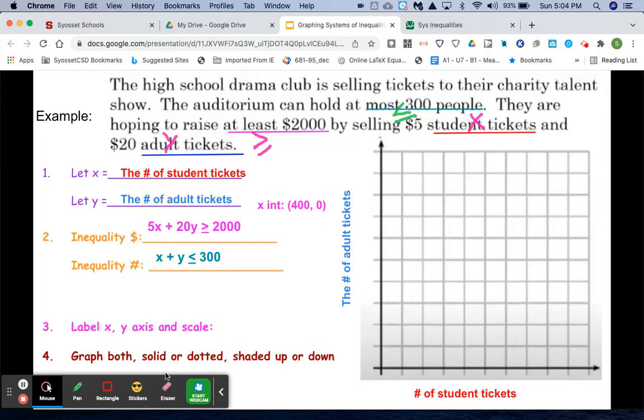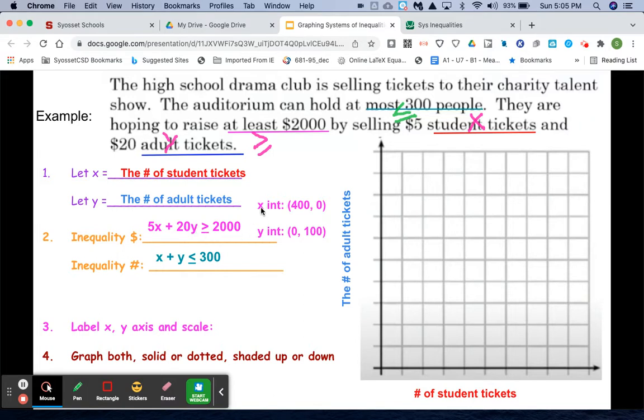To get my y-intercept, I want to cover up the x. 20y equals 2,000. If I divide by 20, I'll get my y-intercept. That would be 100. So the y-intercept is (0, 100). So here's my inequality, 5x plus 20y is greater than or equal to 2,000.